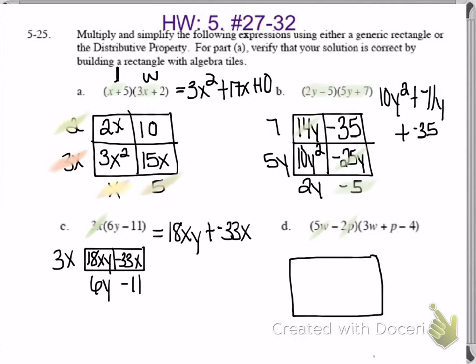I have 2 terms in that first set of parentheses, so the 5w and the -2p, but I have 1, 2, 3 terms in that second parentheses, so I need 1, 2, and 3 columns to represent my width. So 3w, p, and -4. Now I'm going to go ahead and multiply just like I did in the previous 3 problems.